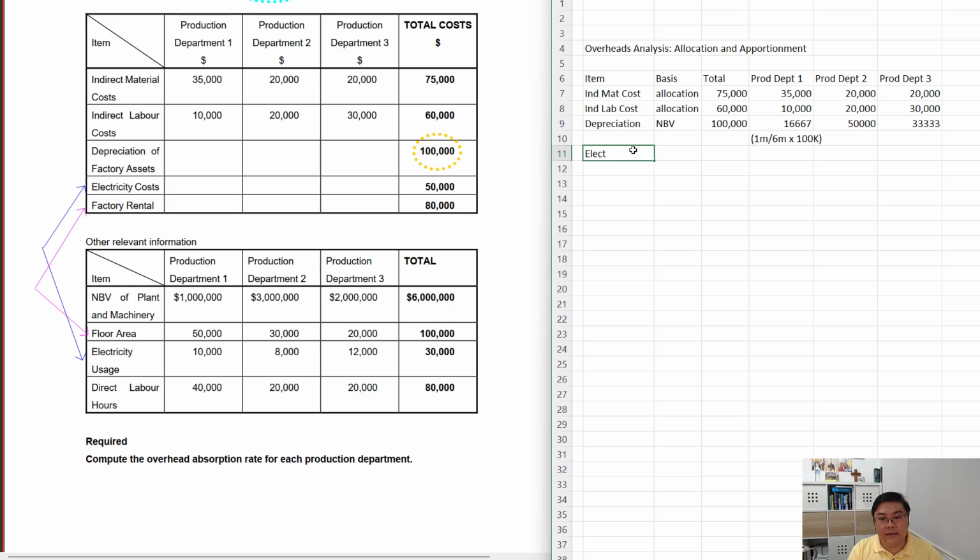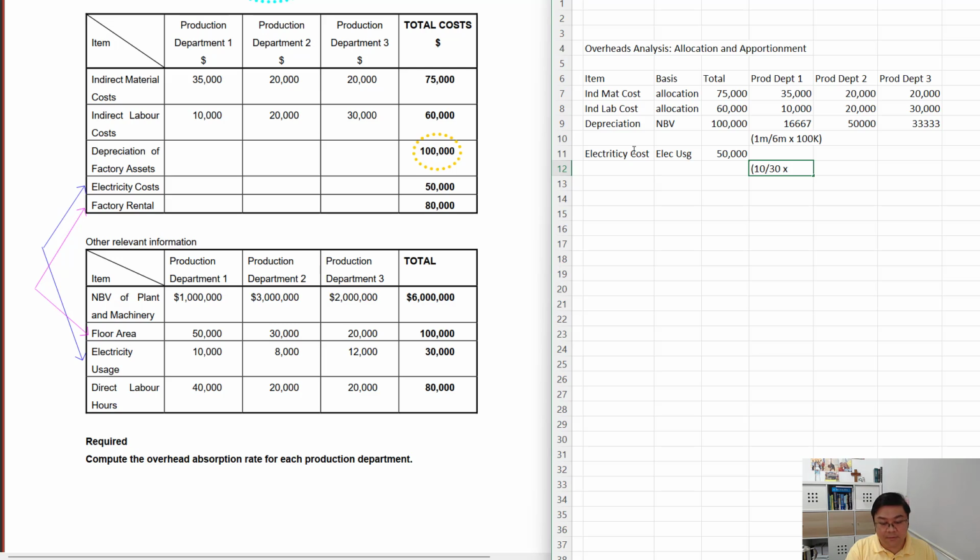Now, the electricity usage. What would be the basis of your apportionment? The basis of your apportionment in this case is going to be your electricity usage. Sorry, it's actually electricity cost. And the total amount is actually 50,000. Now it's actually 10,000 out of 30,000.